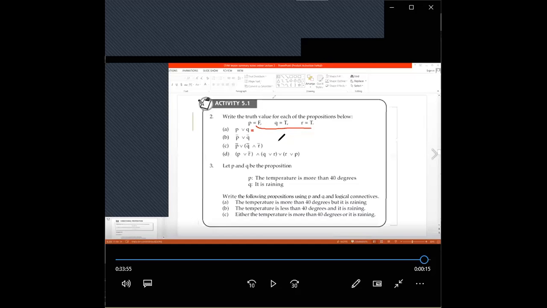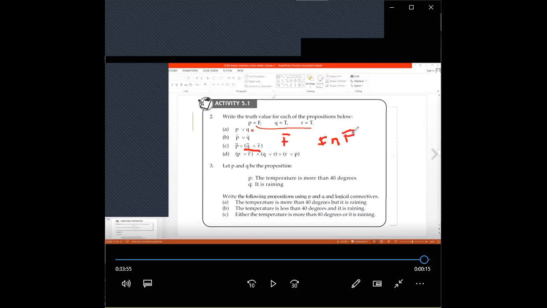I think I heard a false from her, though it's not clear. Manuela says it's false. Let's verify. In verifying, you check the bracket first. Not of Q will be false, and not of R is also false.